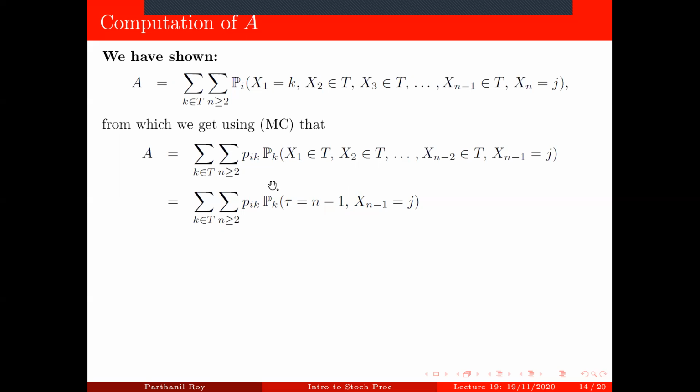Now note that this is just p_ik, so you can forget about that. Just consider this probability here. This means that starting from k, and remember k is in T, so k is a transient state, the first n minus 2 steps are still in T, in transient states, and the (n-1)th step is j.